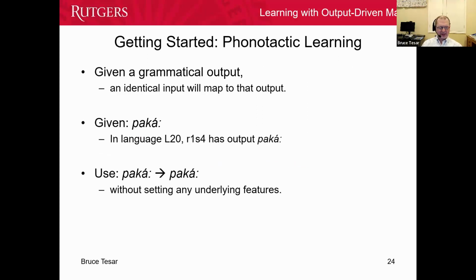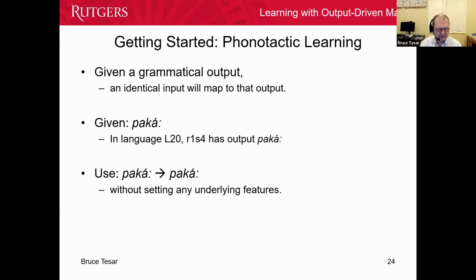So let me go ahead and get started with an example. I'll illustrate the way the learner works by simply taking the data of L20 and seeing what the learner does. So to get started, the learner engages in what is phonotactic learning. The learner is going to observe the outputs for each word.